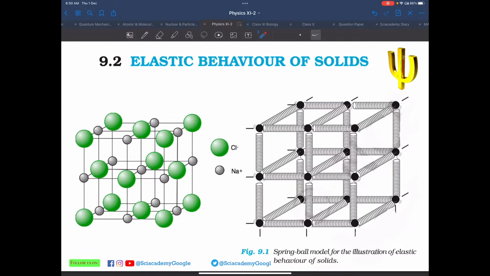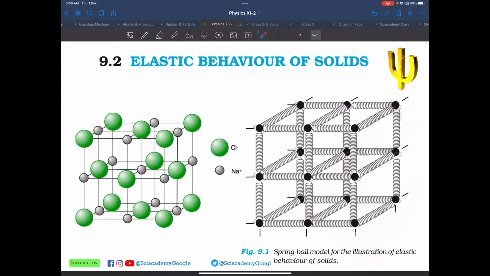When a solid is deformed, the atoms or molecules are displaced from the equilibrium positions, and this is because of a change in the interatomic or intermolecular distances.